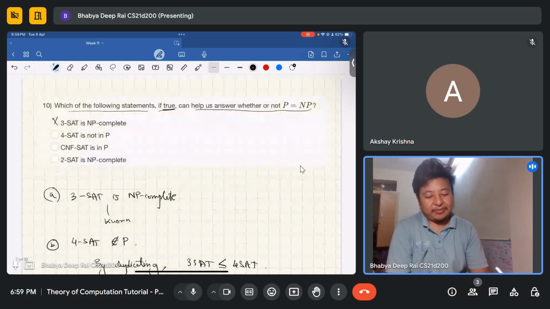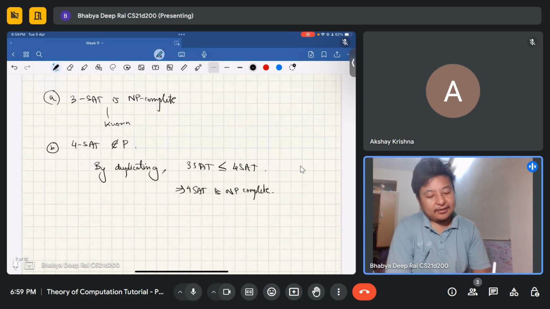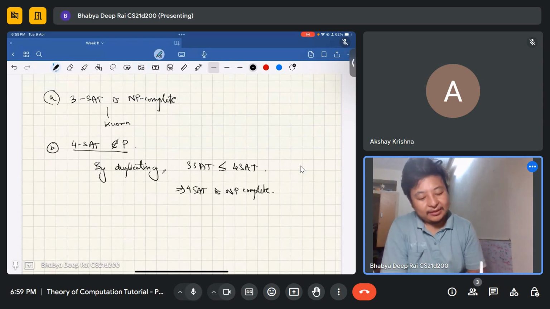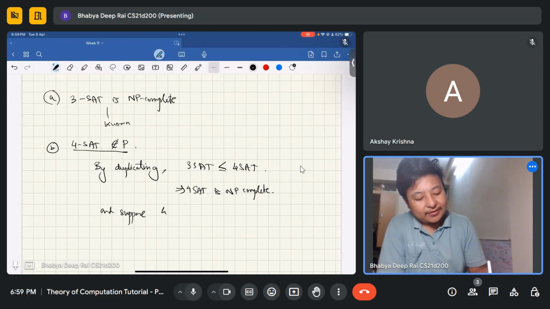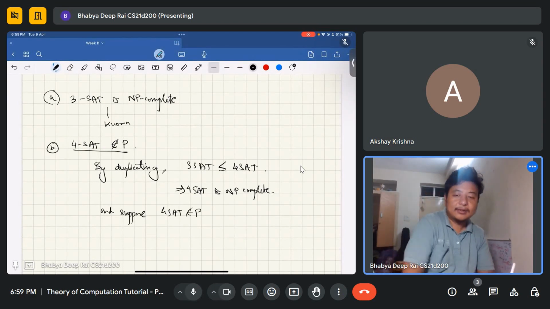So suppose 4SAT is not in P. What would it mean?